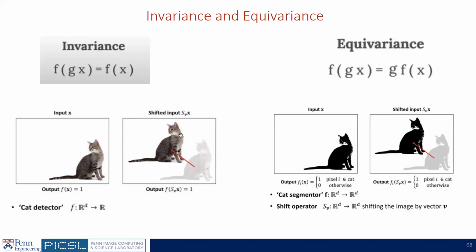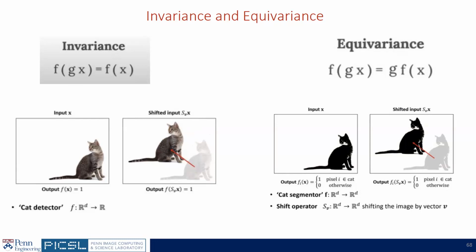Now, I shift the cat image somewhere else in my image. Basically, to my input cat x, I apply a shifting function, which I denote by g. So I apply g to my input image x, which shifts this cat, and now I apply my neural network f to this shifted input.